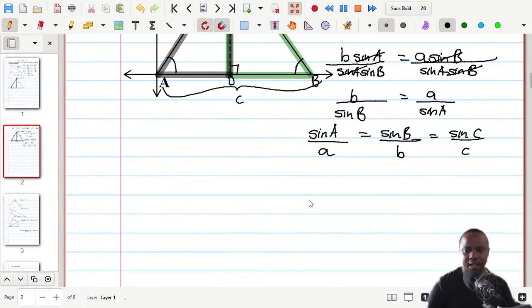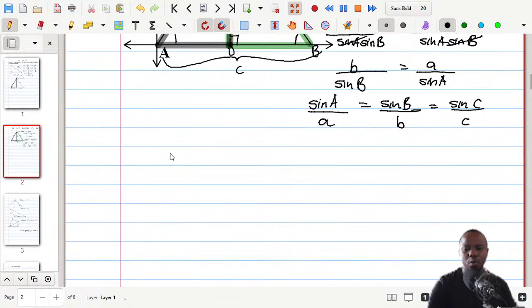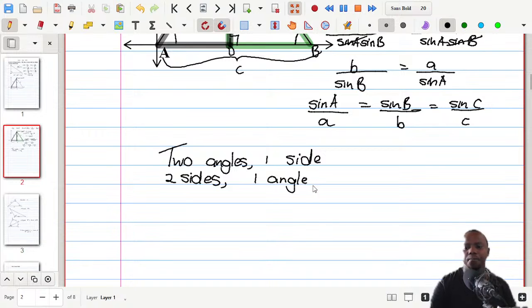When do we use the sine rule? So, the sine rule is used when you have two angles and one side. The sine rule is also used when you have two sides and one angle. Now, using the sine rule, we can calculate sides or angles of a triangle which is not a right angle triangle.